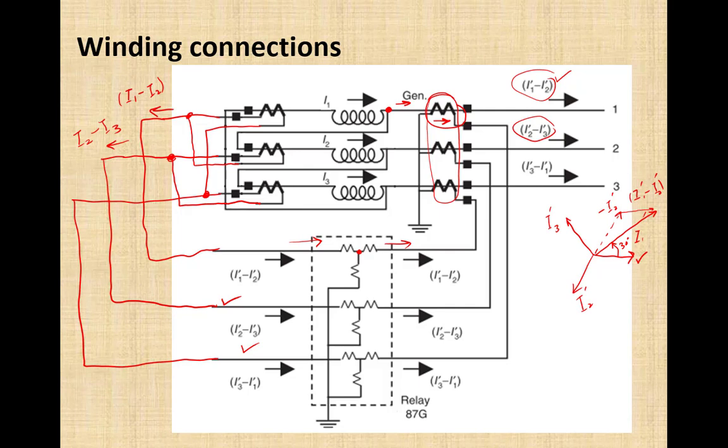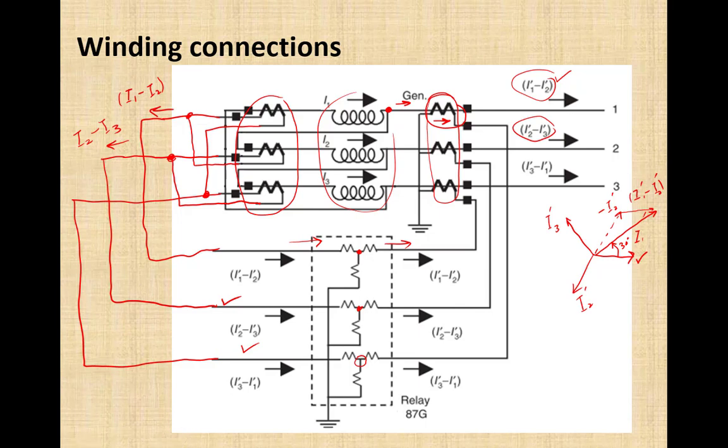Now these three CT secondaries have been connected in delta as well, and the sense of the delta connection is the same as the delta of this machine winding. Now the two currents approaching this node and leaving this node, similarly approaching this node and leaving this node, are equal in magnitude as well as in phase.